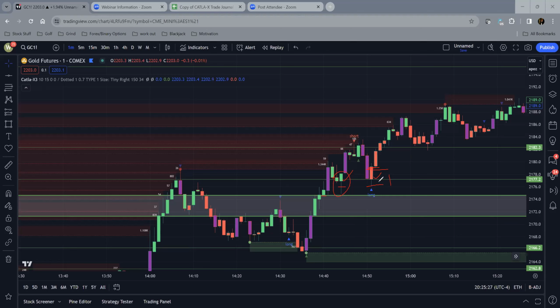So now they're still targeting 21.95. The trade works out in trader number three's favor as well. How much money does trader number three make? $1,600.